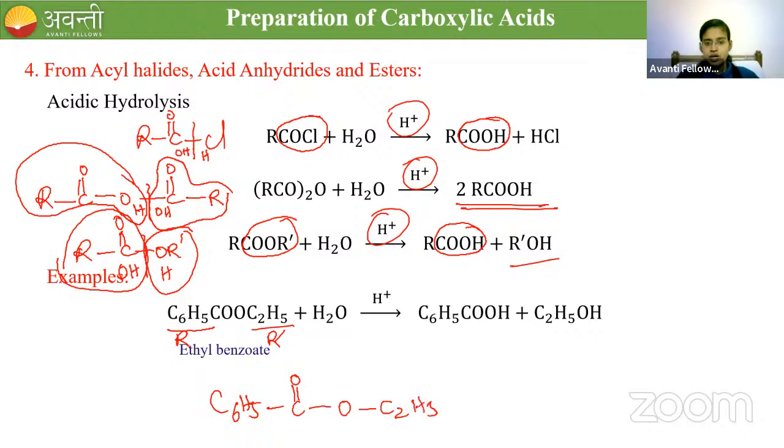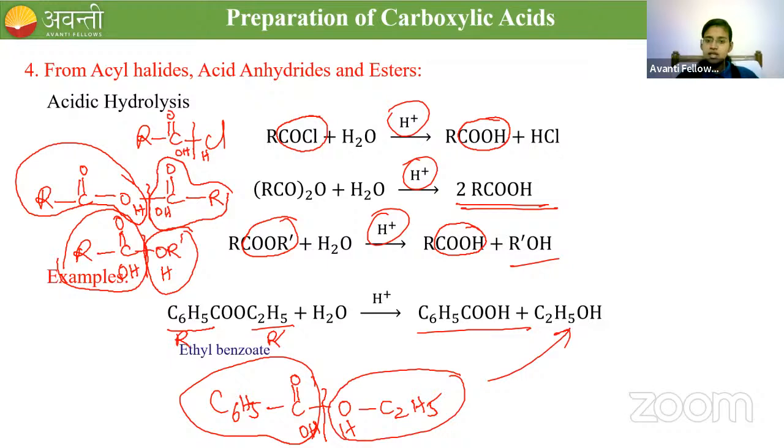So break the bond, add OH and H like this. You will get benzoic acid as one of the products and ethanol as the other product.